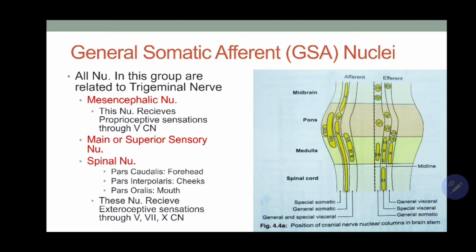And these muscles are all innervated by this, even the mylohyoid and anterior belly of digastric. So sensations from these muscles will be brought in here, as well as the proprioceptive sensations from the teeth, as well as the temporomandibular joint. Remember the jaw jerk. The jaw jerk which you do, the sensations are brought in here.